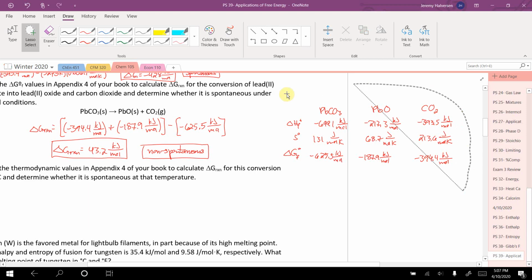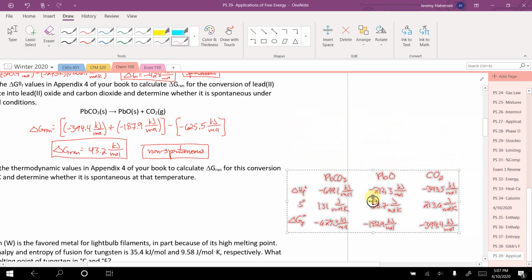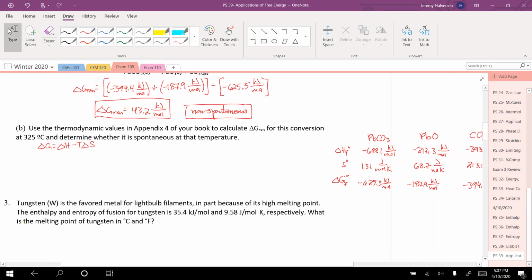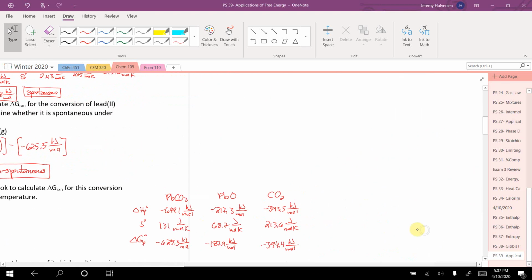Okay, but then I'll just move this down so we can do the next part of the problem, which wants us to test it at 325 degrees Celsius. So we're going to have to use delta G equals delta H minus T delta S, so we can pick our temperature.